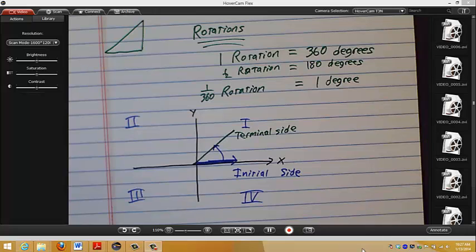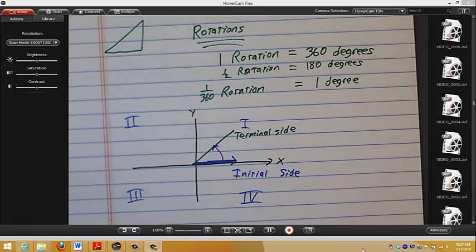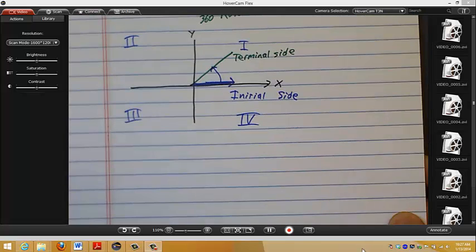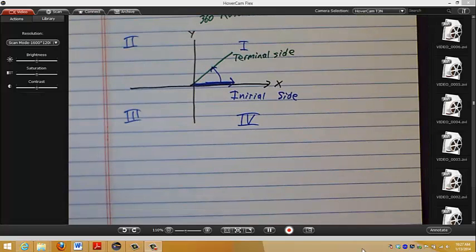Okay? Well, it turns out that the best way to measure angles is not degrees and it's not rotations, but it's this unit of measurement called radian. I'll give you the definition and then I'll talk about what we're going to do with radians. Okay?